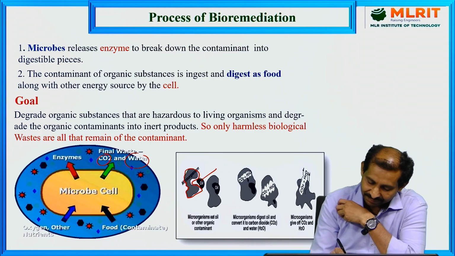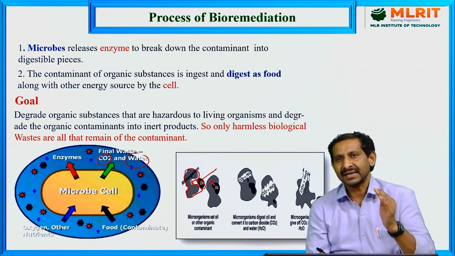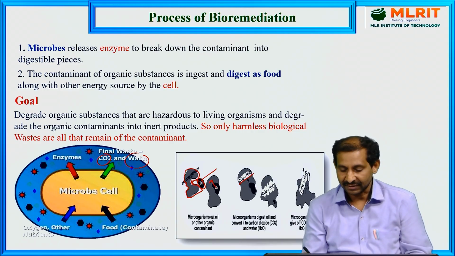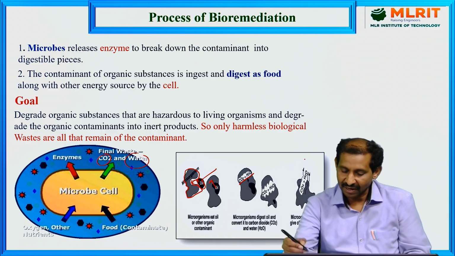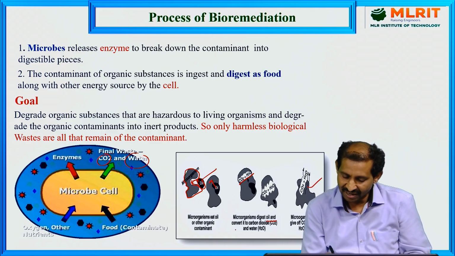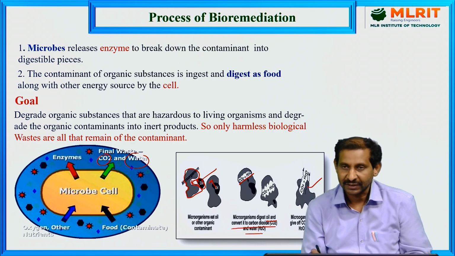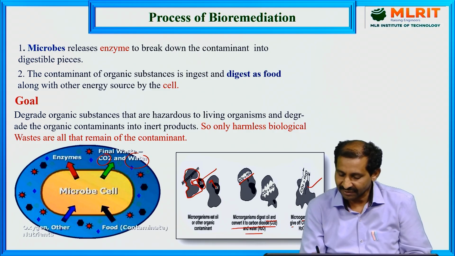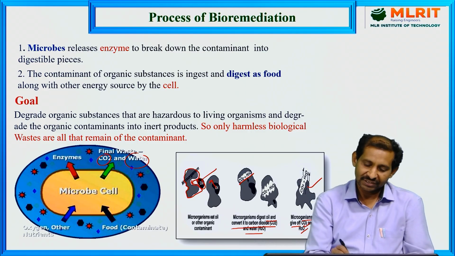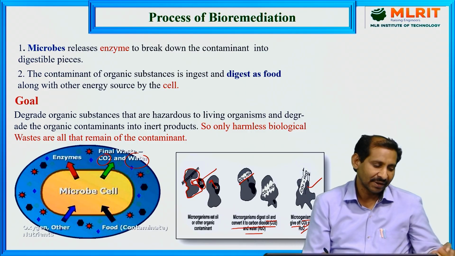When it enters the cavity of the microorganism, it is slowly converted by cell activities and cell energy into carbon dioxide and water, and the water comes out, as the picture shows. So microorganisms digest oil and convert it into carbon dioxide and water. This is the process involved in bioremediation.